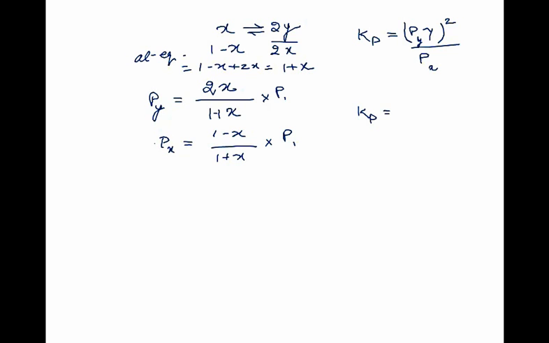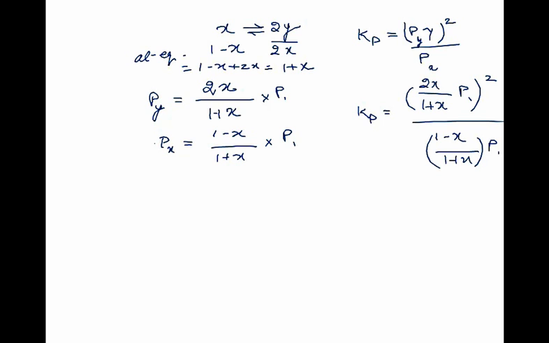Right? Now your Kp will be equal to the partial pressure of Y, that is 2x by 1 plus x into P1, squared, divided by 1 minus x by 1 plus x into P1, or your Kp1 will be equal to 4x square P1 divided by 1 minus x into 1 plus x.